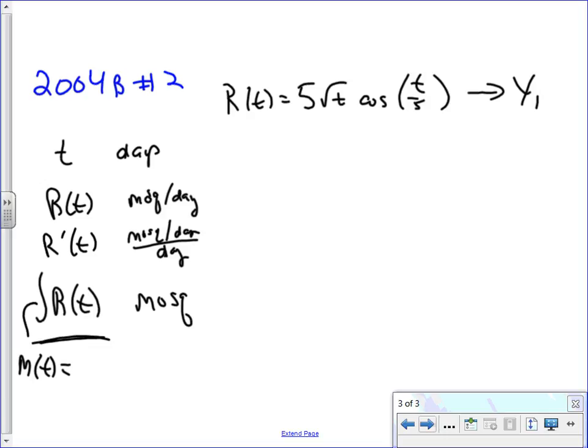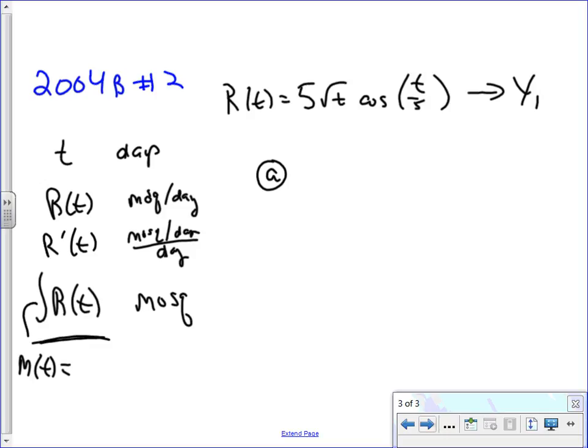So A says, show the number of mosquitoes is increasing. They told you it's increasing. If you get something different than that, you did it wrong. How do you tell the number of mosquitoes is increasing? Do you look at the derivative of the number of mosquitoes? What's the derivative of the number of mosquitoes?